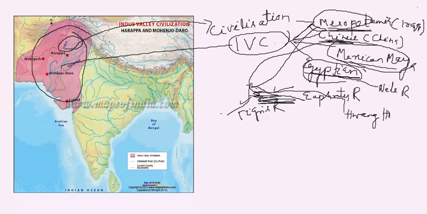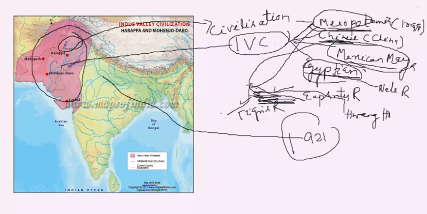Actually, this civilization was discovered in 1921 by one person called Daya Ram Sahni. So in 1921, this civilization was first discovered.